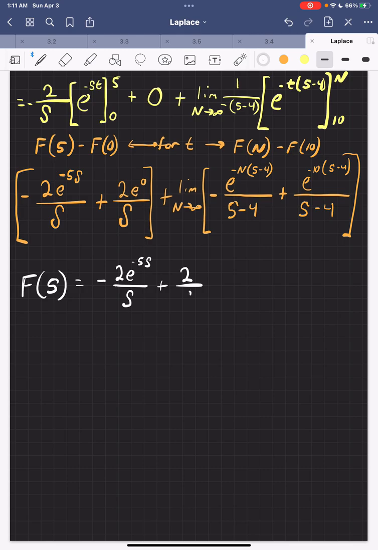So 2 over s. And then finally, since this goes to 0 with that limit, it's going to be plus e to the negative 10 times s minus 4 over s minus 4. All right, and of course, this is true for all s greater than 4.